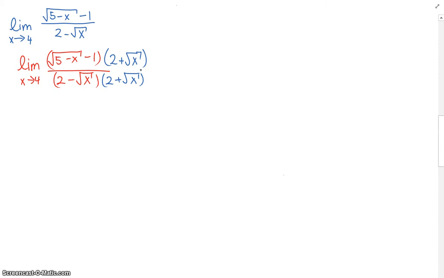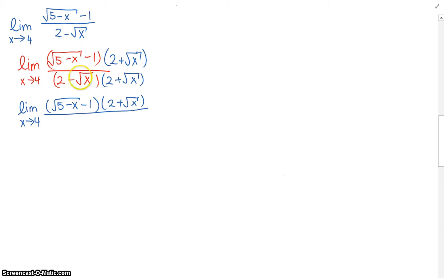Now this will help eliminate the radical in the denominator, and we will get I'm going to leave the numerator in factored form and only worry about the denominator.